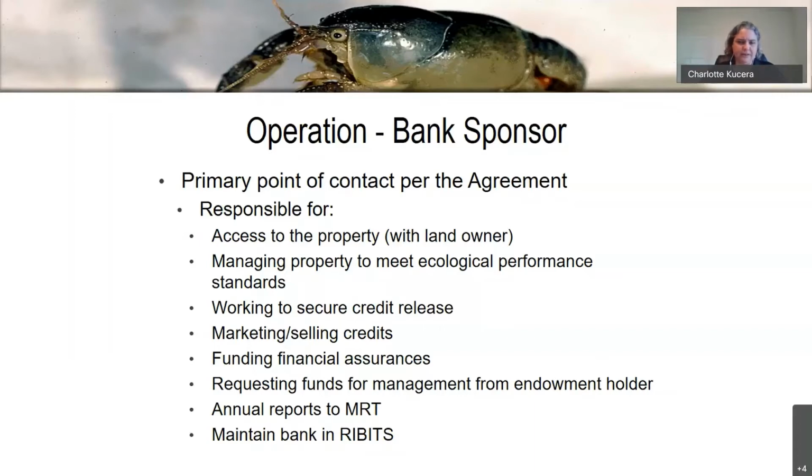We'll talk a little bit about that later. Marketing and selling those credits. Funding the financial assurances that help to complete the on-the-ground management. Requesting the funds for that management from the endowment holder. Completing the annual report to the mitigation review team or the interagency review team, and maintaining the bank in RIBITS, which is the tracking system that federal agencies use.